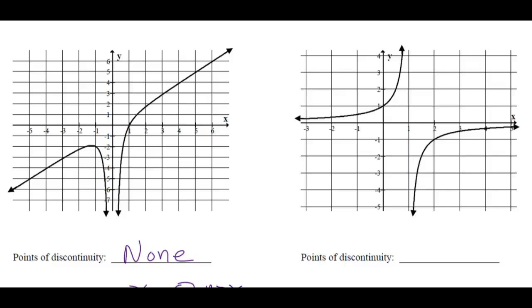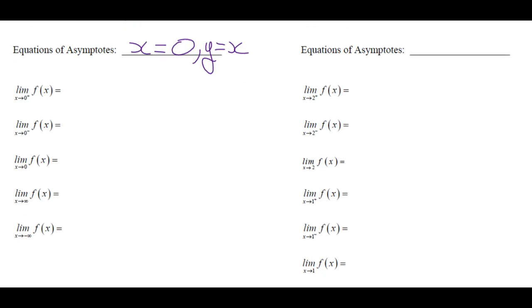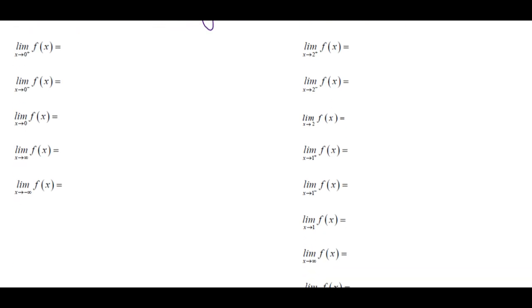Negative infinity. Technically you could say it does not exist, but at this point let's be more specific. We'll say this is negative infinity, and this one is negative infinity. So what's the limit as x approaches 0? Negative infinity, because it's the same from both sides.